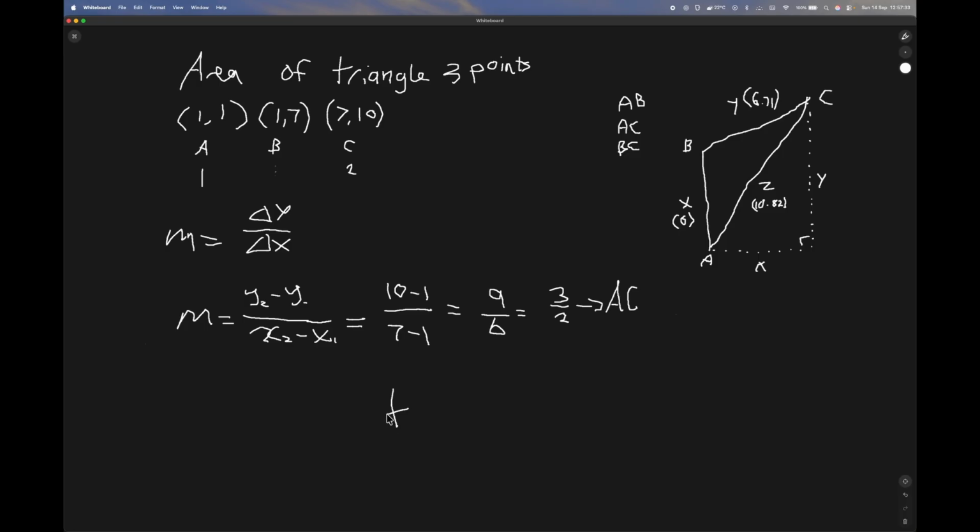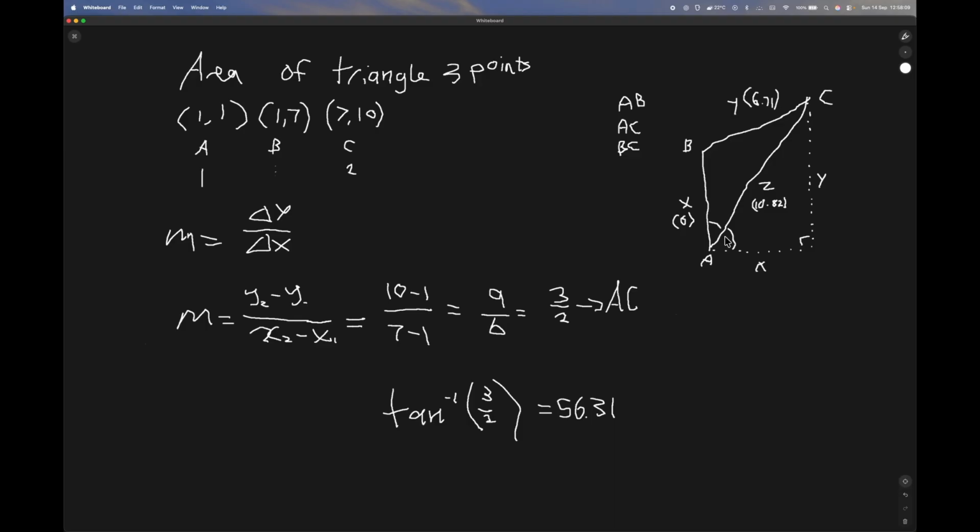So now we can do tan inverse of 3 on 2. I'm going to put that into my calculator. Is equal to 56.31. Now, we have to remember that that's going to be this angle here.